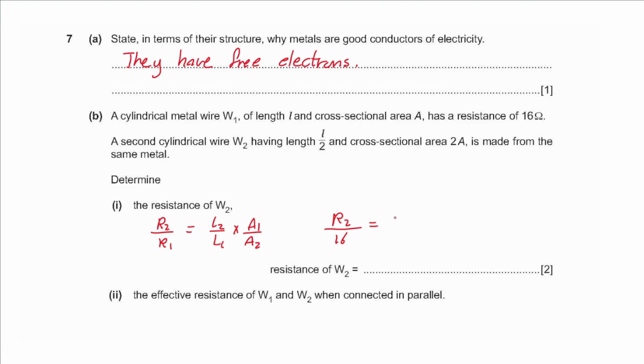The new length is half the original length, so 0.5 L over L. And the original area is A and the new area is 2A. We can cancel L with L and A with A. We have on the right hand side 0.5 over 2, and then we can multiply by 16 on the other side to get R2 as subject. This calculates as 4 ohms or 4.0 ohms.